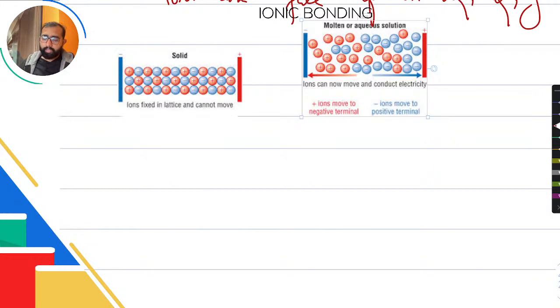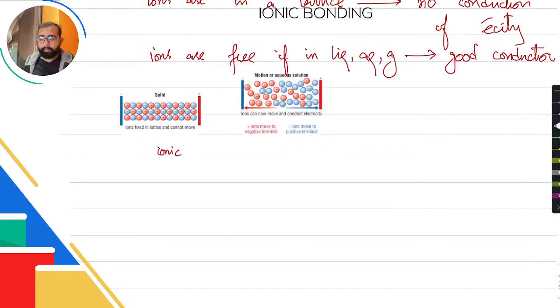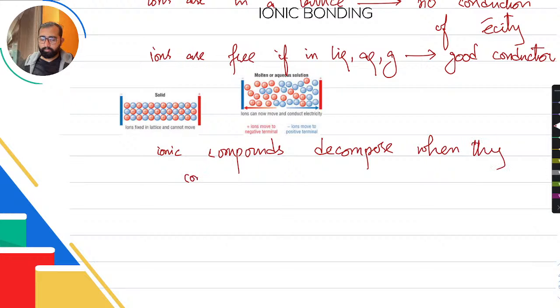And that is why, and it's a very important point, ionic compounds decompose when they conduct electricity. We use that process for extracting different metals from them, and we will study it. That's called electrolysis, and we can also use this idea to produce electricity, for example in batteries.